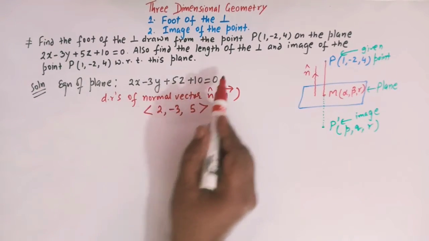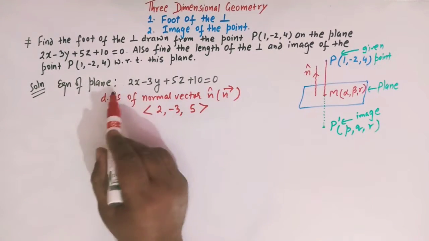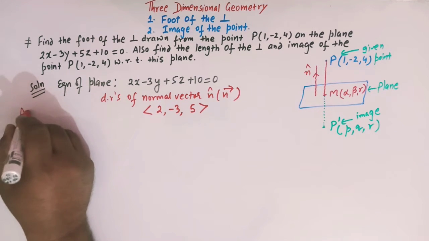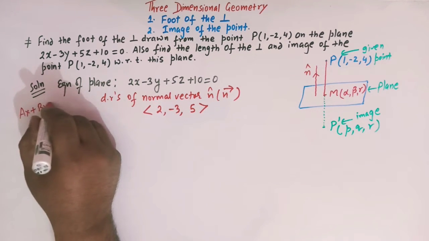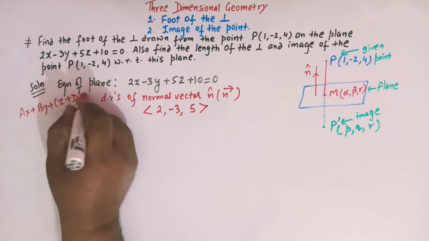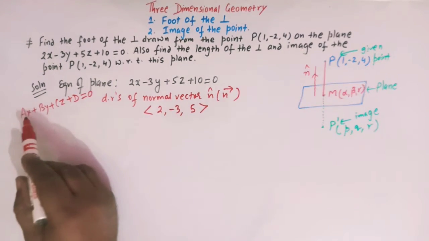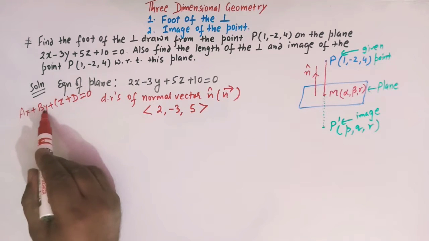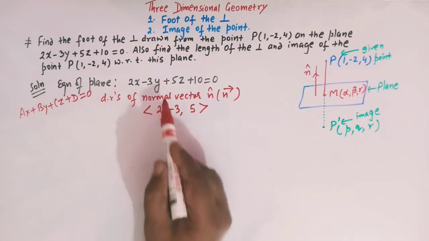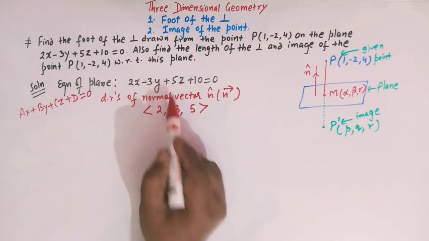So always remember, if the equation of a plane is given in the form ax + by + cz + d = 0, then the direction ratios of the normal vector are given by the coefficients of x, y and z. So here we have 2, -3 and 5.